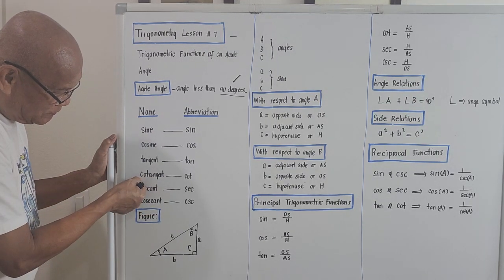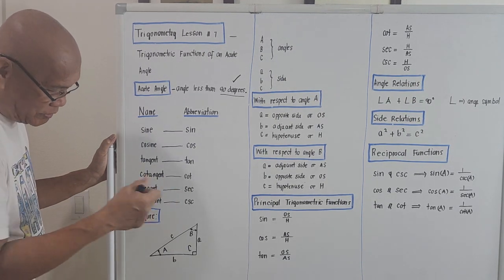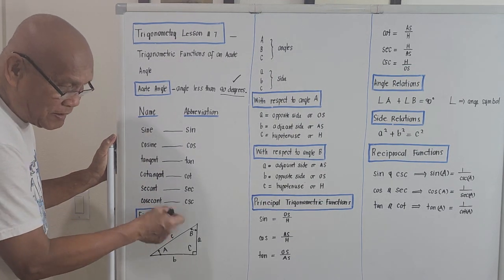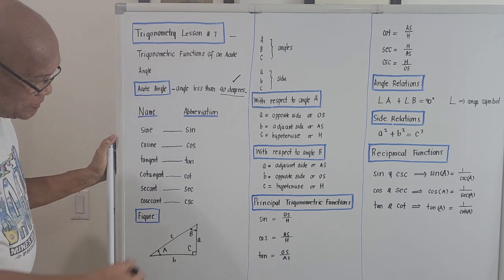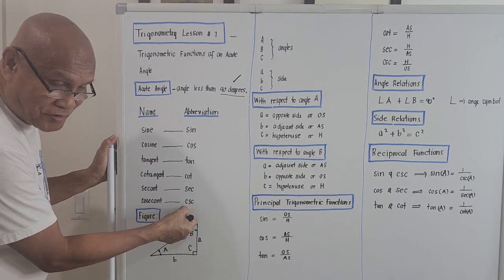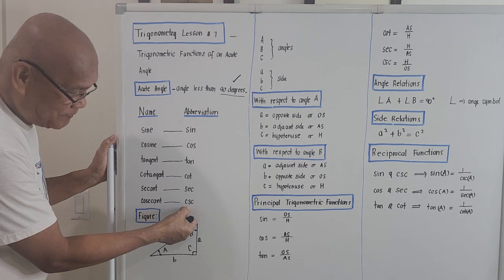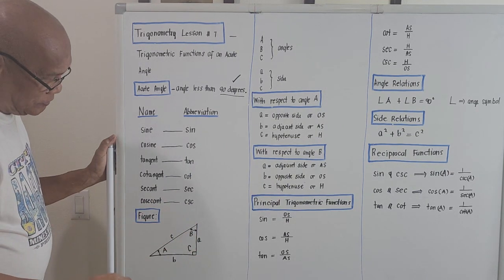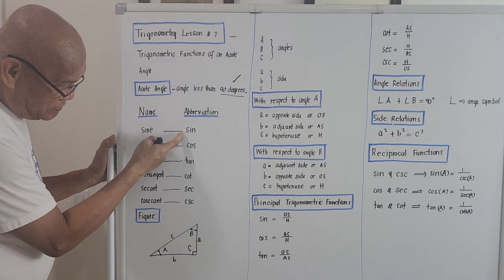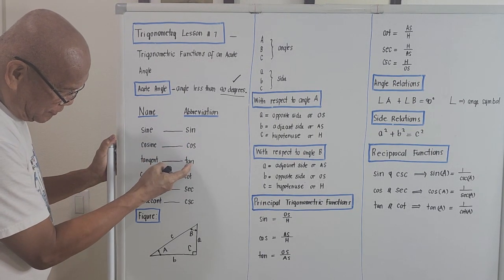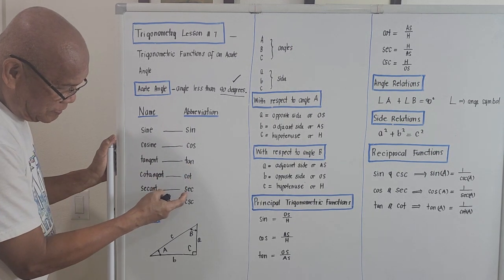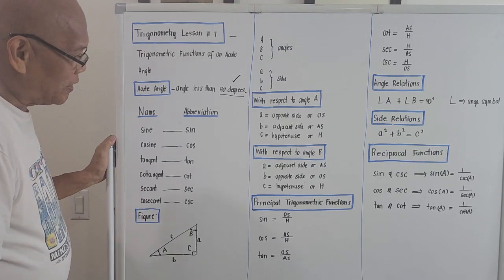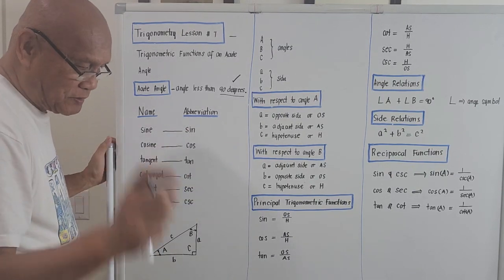For the secant, there's the cosecant, CO plus secant, or in total, cosecant. And the abbreviation will be CSC. Okay, I will repeat the abbreviations. This is read: sine, cosine, tangent, cotangent, secant, and cosecant. Memorize this by heart. Without knowing this, you will not pass trigonometry.